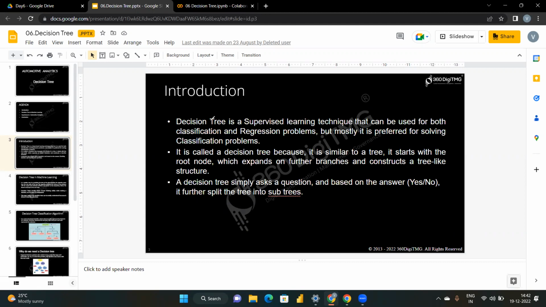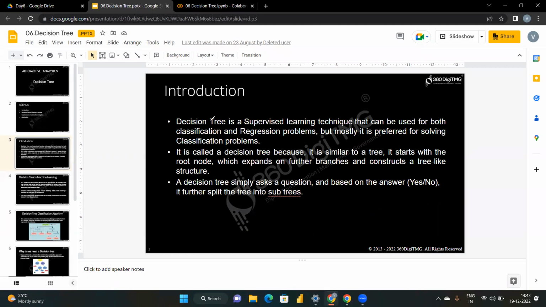I have given some examples too. Supervised learning means a teacher is teaching the student. Unsupervised learning means the person who studies by himself. That is an example of supervised and unsupervised learning.